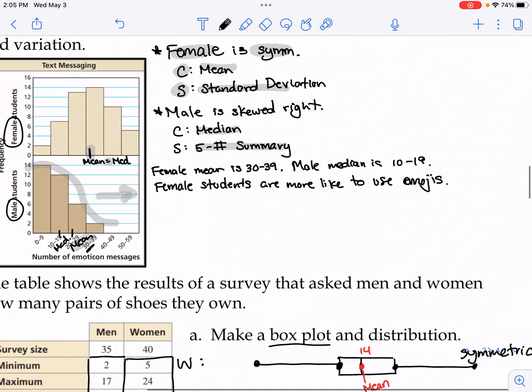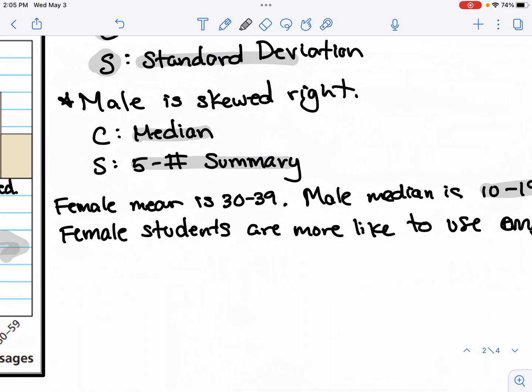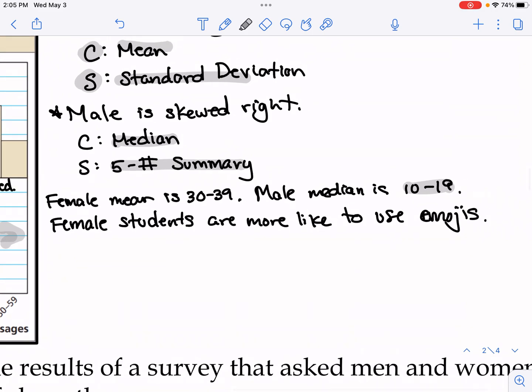Essentially what we can say is that the median is in this interval here, 10 to 19. But if the center for female is around 30 emojis and the center for male is around 10, we can say that female students, or those that identify as female, are more likely to use emojis.